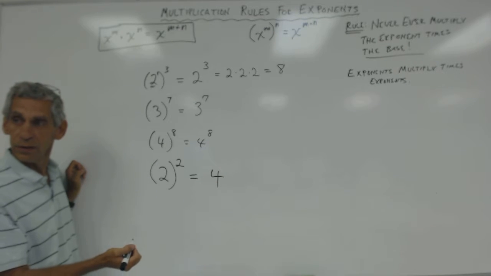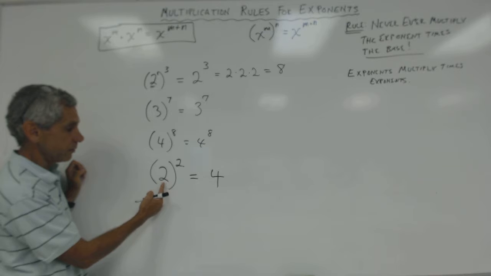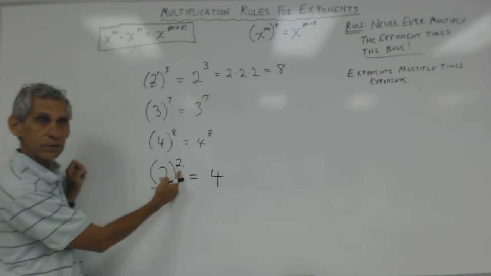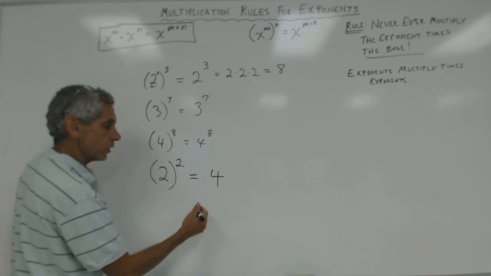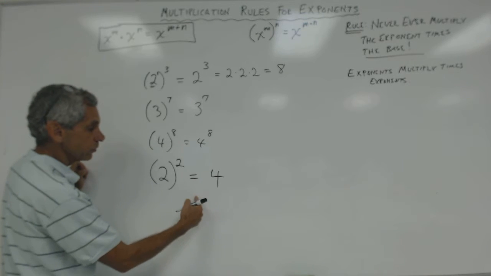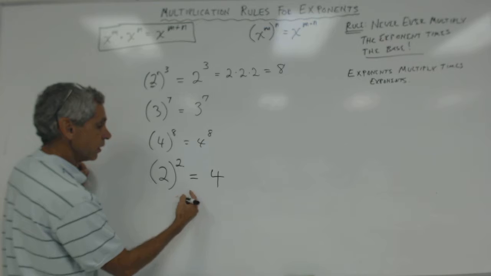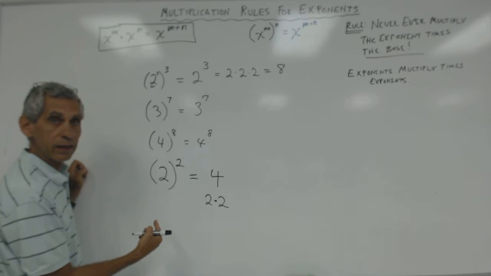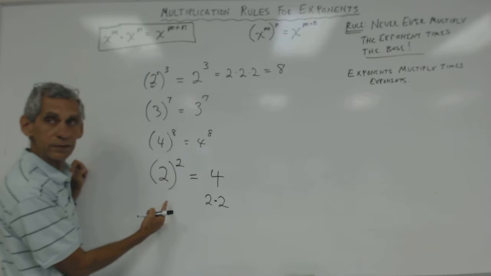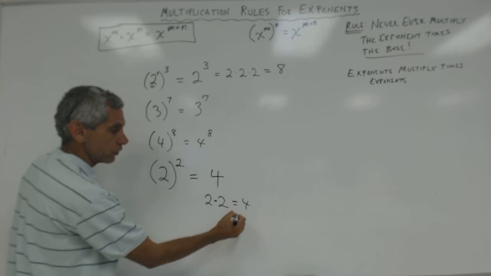Does that make sense? Because you never multiply the base times the exponent. Never, never, never. So really, in order to get the 4, you can't do the exponent 2 times the base 2. You've got to do the base 2 times itself twice.